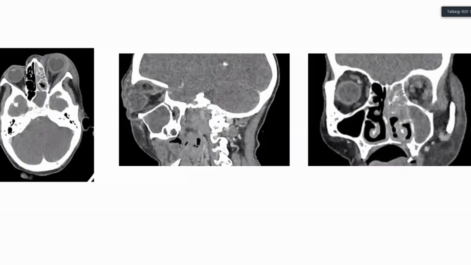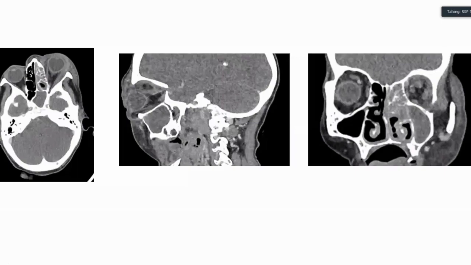On the coronal images, I can appreciate there is a large bulge or swelling and thickening over the left cheek, and heterogeneous densities are appreciated within it, and there is thickening of all the muscle compartments in the left orbit. Differential, please.